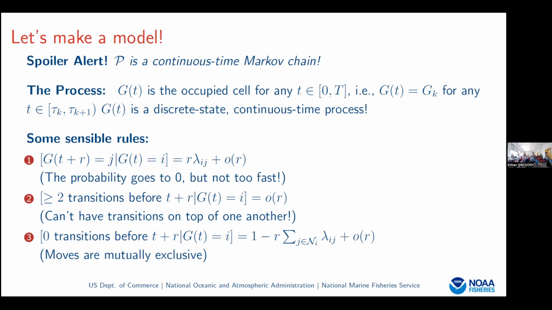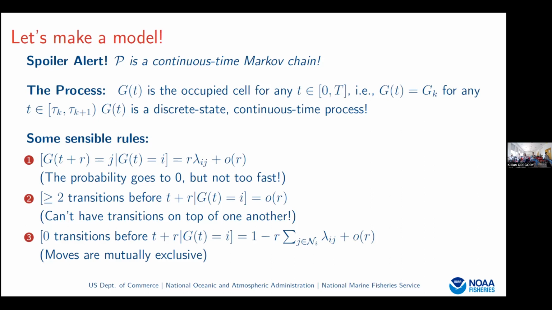Also, if you get a small enough window, I can't make 2 transitions simultaneously. As the time window shrinks, it becomes virtually 0 that I will make 2 transitions in that amount of time at a faster rate than just 1 transition.